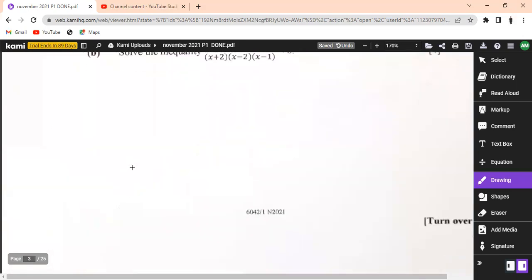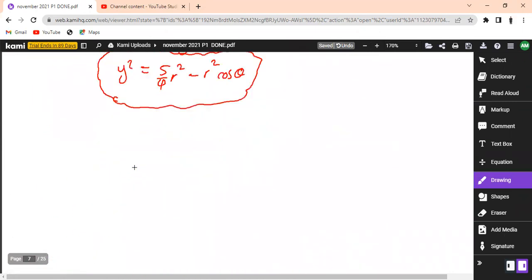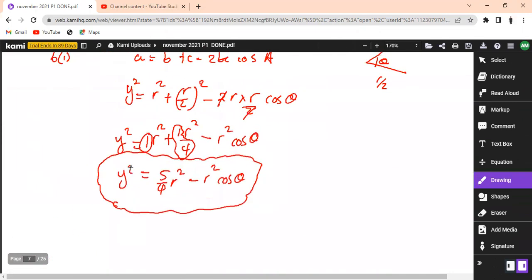So let's see, guys, what we are going to do, because this is a continuation from the previous part. When theta is small, we are supposed to have this expression: y squared approximates to one over 4 r squared plus theta squared over 2.